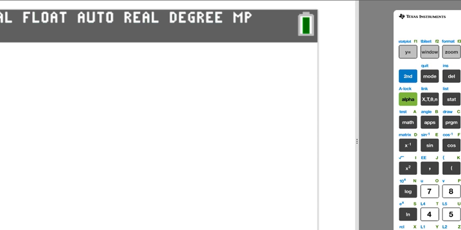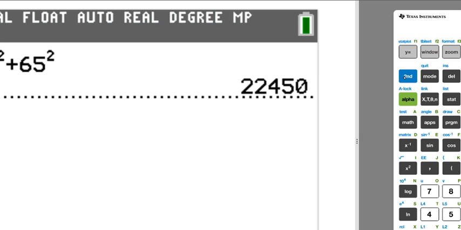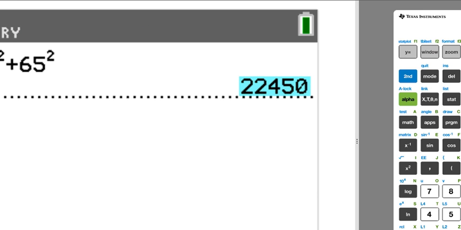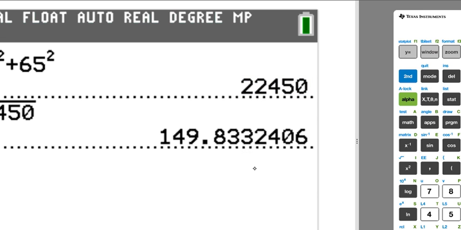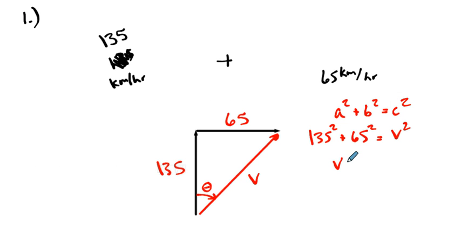We've got 135 squared plus 65 squared, and we're going to take the square root of that number. We get 149.8. Rounding to 3 significant digits, you get a velocity equal to 150 kilometers per hour.